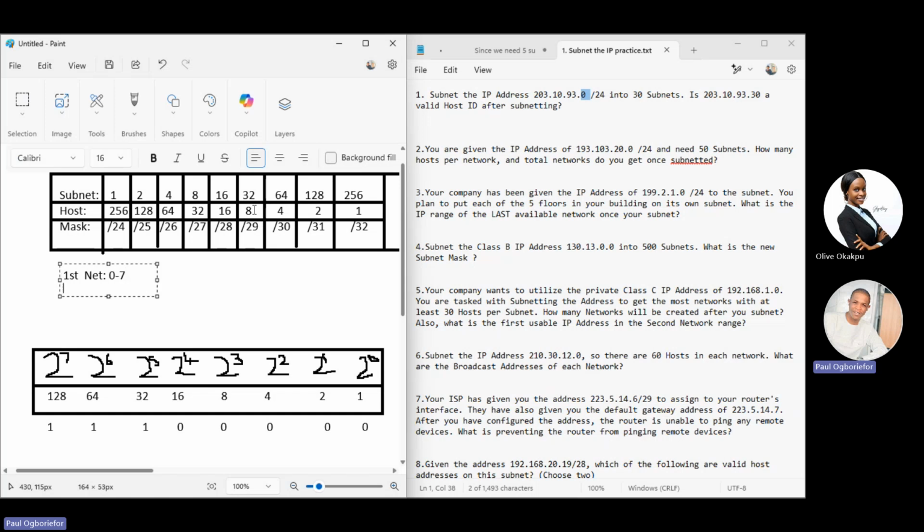So the next range, which is the second network, will now be from 8 to 15. Are we correct? 8, 9, 10, 11, 12, 13, 14, 15, 16.